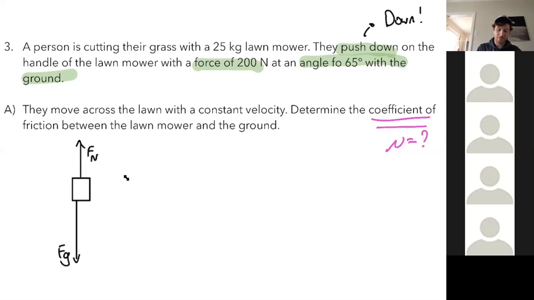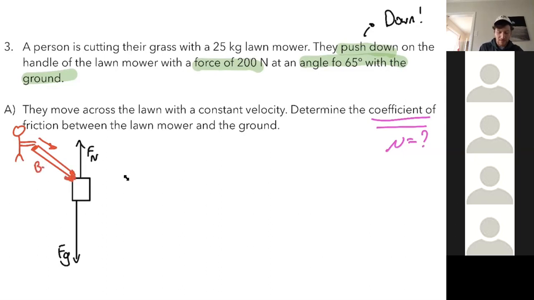This is the handle of the lawnmower, and there's our person pushing downwards on this handle, which means we don't like drawing angles with the arrows pointing towards there.